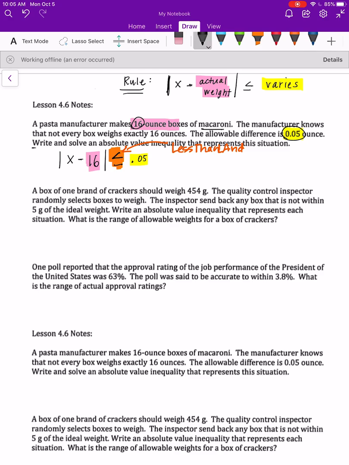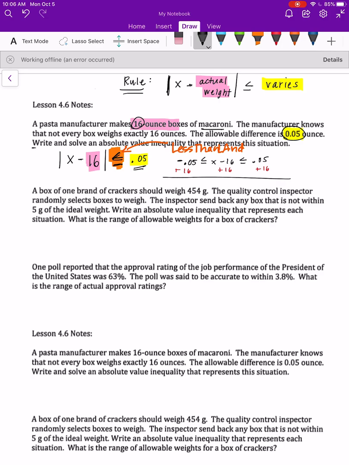So what I do is just like we just did. You take that B and make it negative, so negative 0.05, and then you add a less than or equal to symbol, exactly what you have, and then you do X minus 16 is less than or equal to 0.05. Copy every single thing over. So then I'm going to solve just like I would do before. Add 16, add 16, add 16.